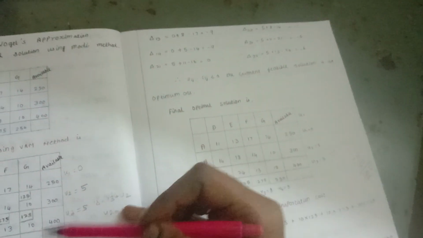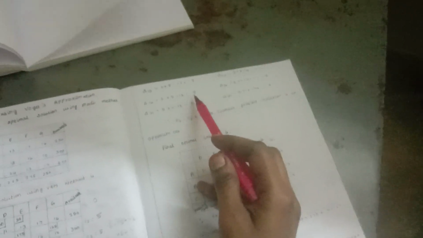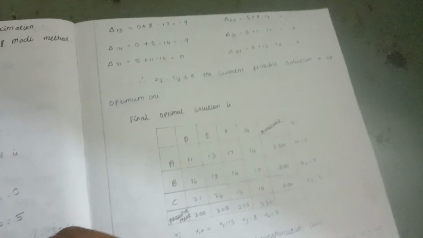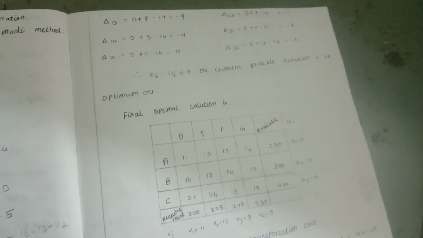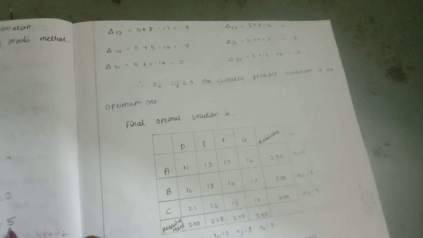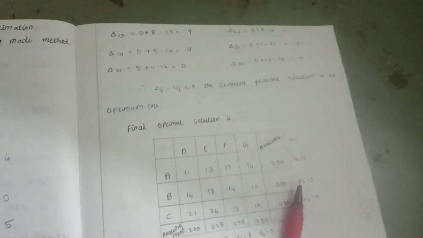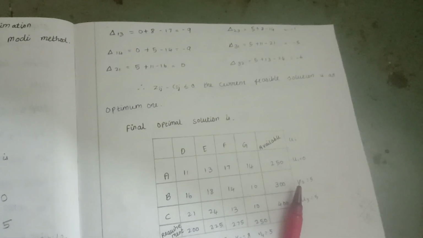Then for all the terms I have to find delta ij. For delta 14: 5 plus 0 minus 14 is minus 9. Then delta 21 is 11 plus 5 is 16, minus 16, that is 0. It is less than or equal to 0.